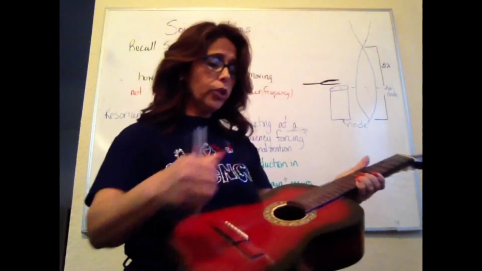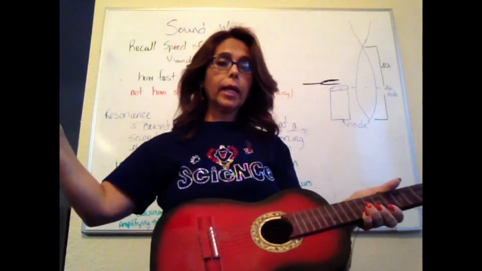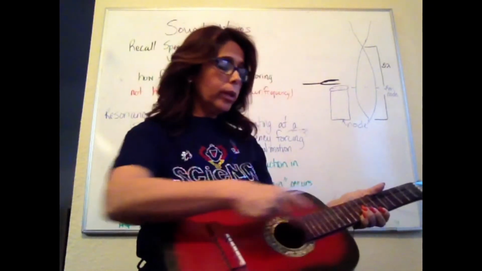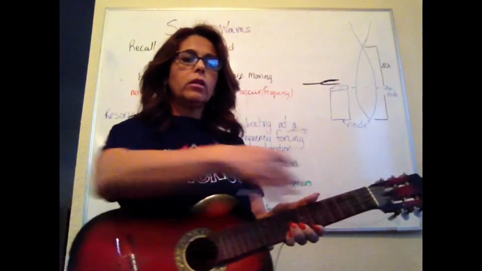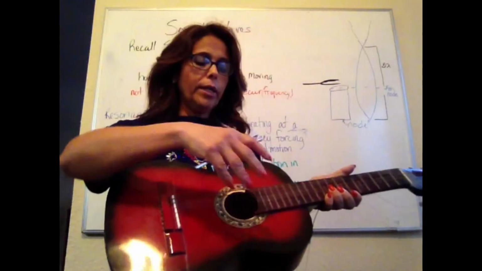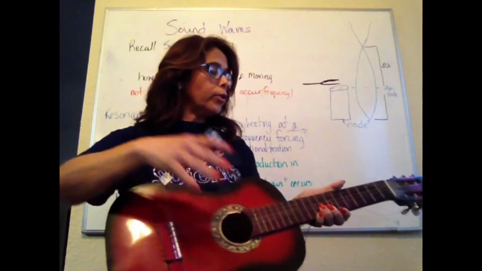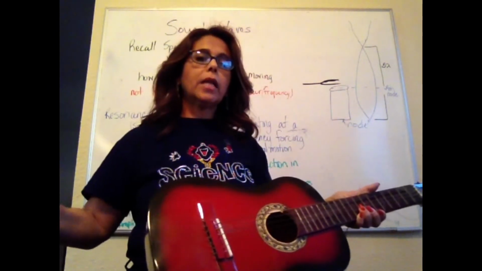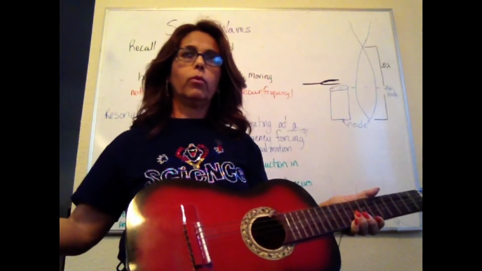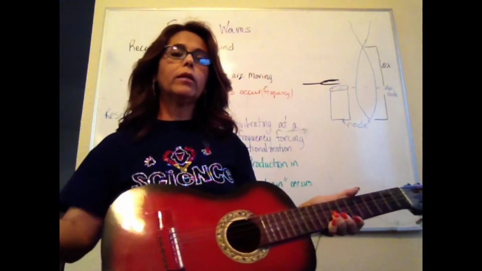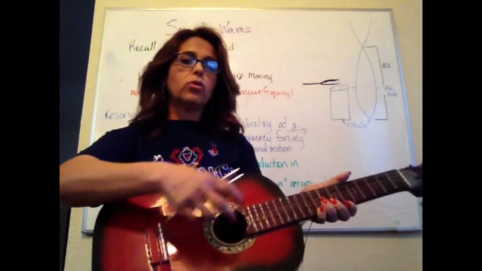Now, if you were just to take a simple string and pluck it, you wouldn't hear it. You really need the whole mechanism of the guitar. And the length of these guitars has a lot to do with what sounds they produce. A bass guitar is going to be a lot longer because if we extend the air requirements, we can change the pitch to a lower pitch, as well as the strings.